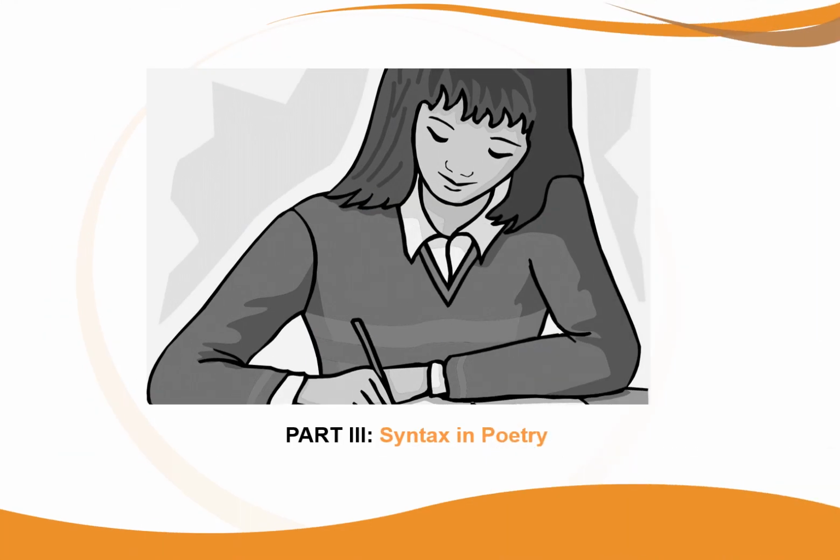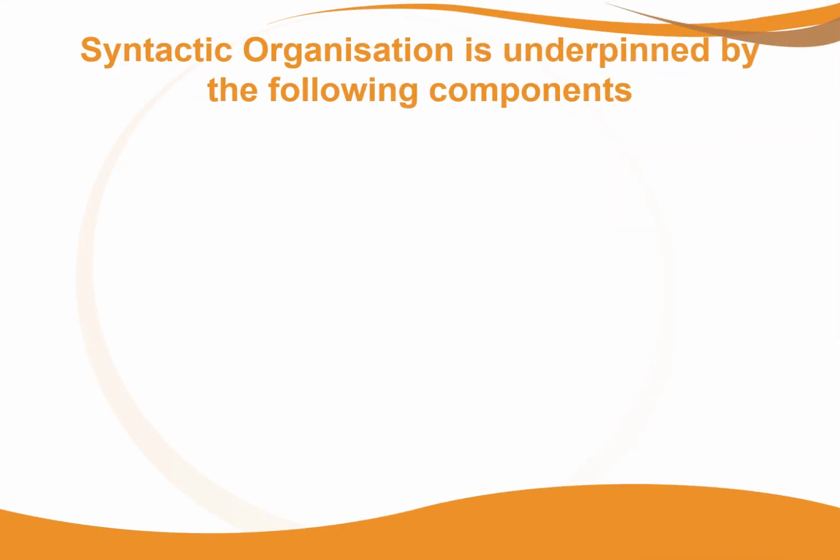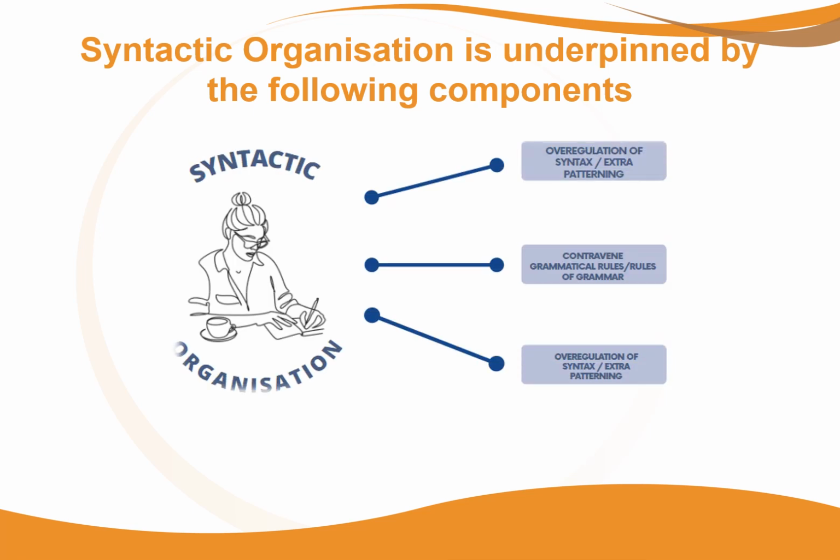In Part 3, we're going to be looking at syntax in poetry. Syntactic organization in poetry is underpinned by three important elements: extra patterning, contravening of grammatical rules or the rules of grammar, and overregulation or extra patterning of that syntax.